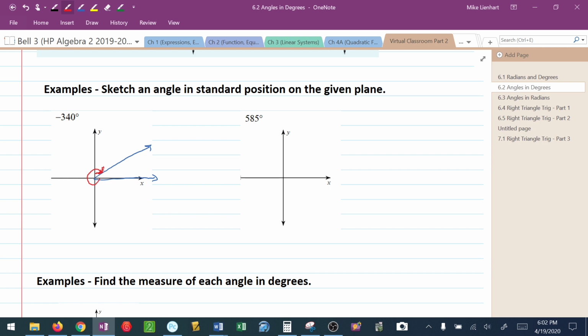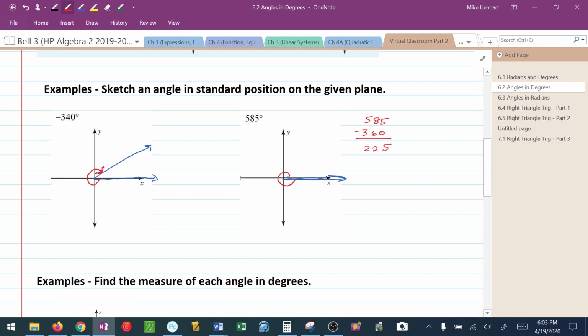How about this next one, 585? We have an initial side here at positive x. I know a positive angle means we're going to move upward and counterclockwise. If I go all the way around one time, I'm at 360. So I'm going to take that one complete revolution off of the 585 and see how much I'm left with.